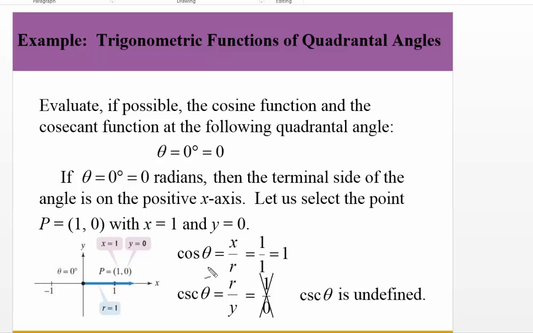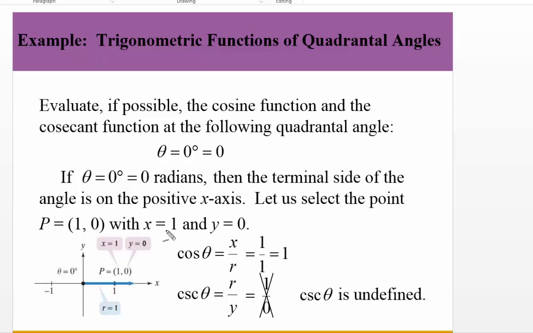The cosine of theta would be x over r, which would be x is 1, and then, of course, r would be 1 here, so you'd get 1. The cosecant of theta, though, is r over y, so notice that you could not do that one there. You'd have 1 over 0. So the cosecant would be undefined.